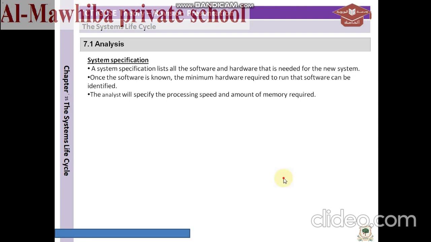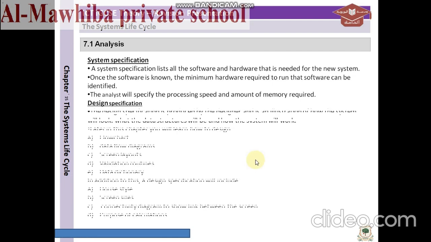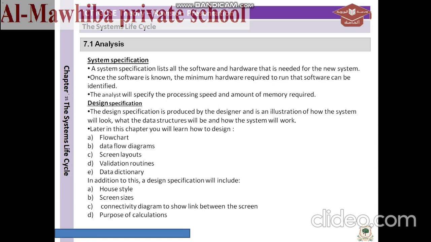Then design specifications. It is produced by the designer itself, and it is like an illustration of how the system will look. It also uses a lot of data structures and shows how the system will work. So these are the three types of specifications. Okay, the design specification is the second stage of the system life cycle, which we can call the design phase.